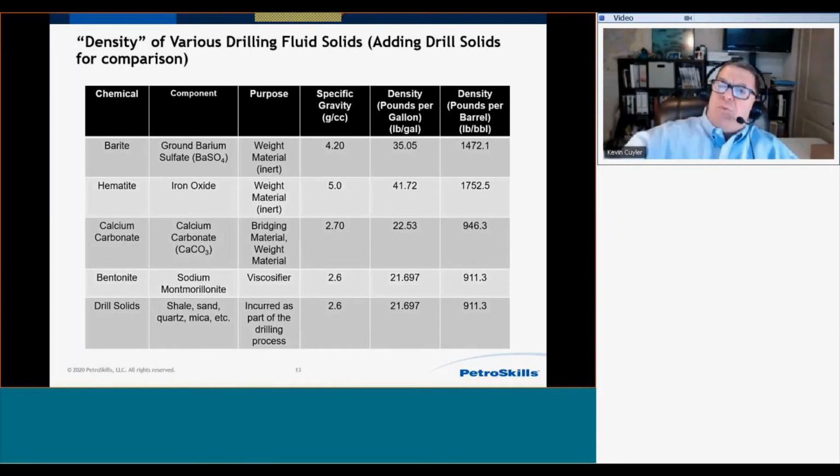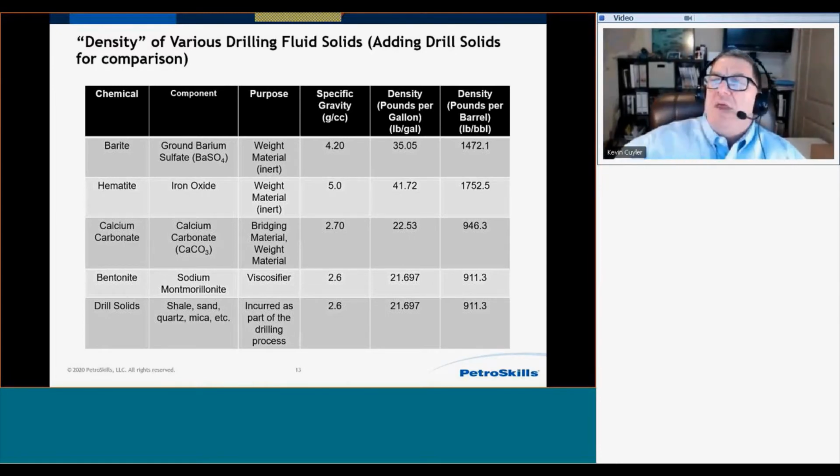And so as we look at this chart, and you'll have this in your notes, basically if you move all the way over to the right-hand column, that density in pounds per barrel, an easier way to say this is how many pounds of this chemical will displace 1 petroleum barrel of drilling fluid.